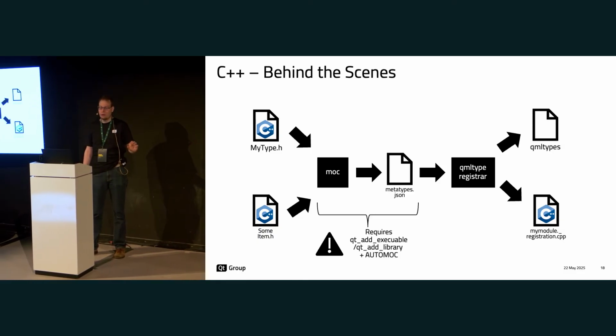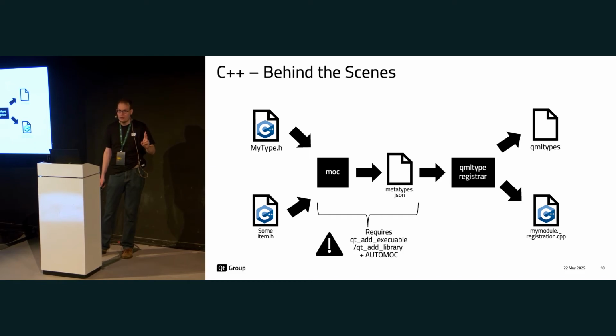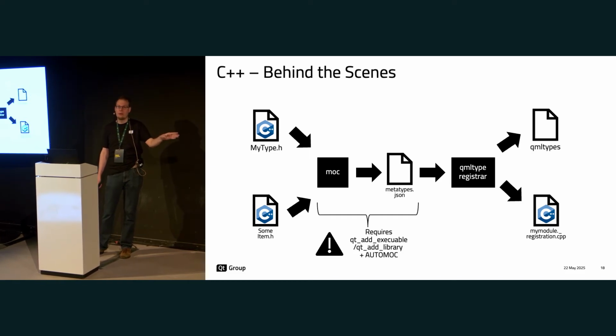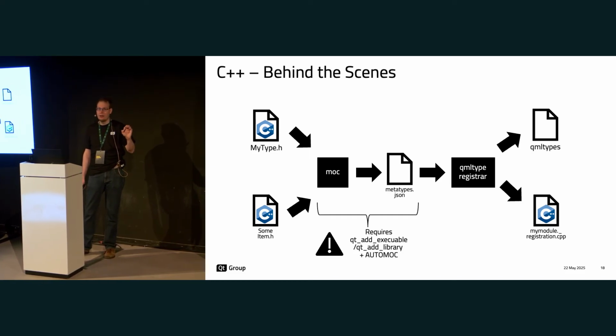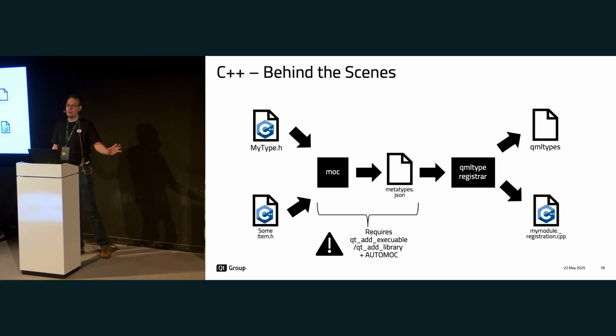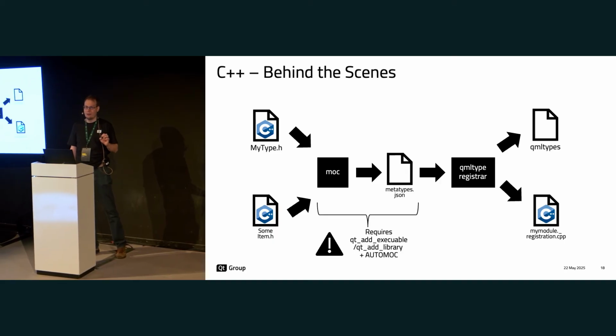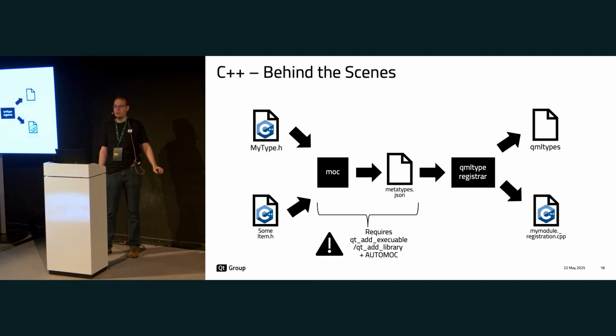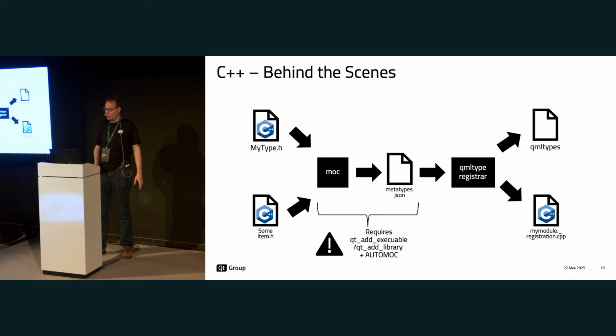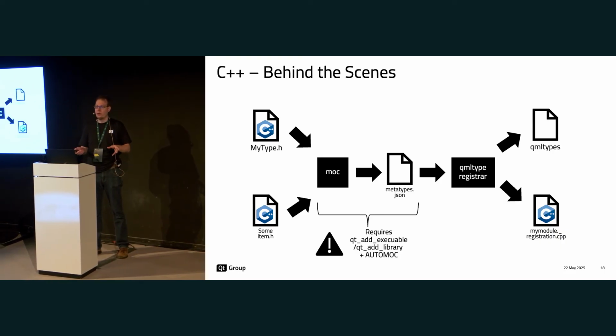And you really want to use qt_add_executable and not add_executable. Same for qt_add_library and not add_library, because unless you do some additional setup, the metatypes.json file will not be generated. At least not in all versions of Qt. But other than that, you don't really need to care about the internals here.